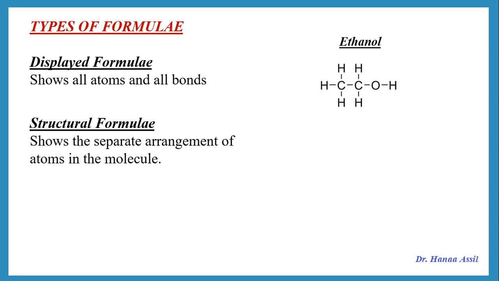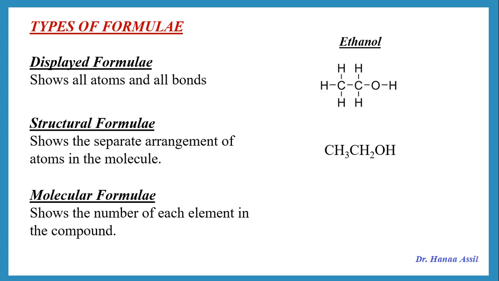But if we're required to draw the structural formula, then we just collect all the hydrogens for each carbon. So the first carbon on the left has 3 hydrogens, then the carbon on the right has 2 hydrogens and 1 OH. So this is the structural formula. Of course, we know the molecular formula is just counting all the carbons, all the hydrogens, and all the oxygen.